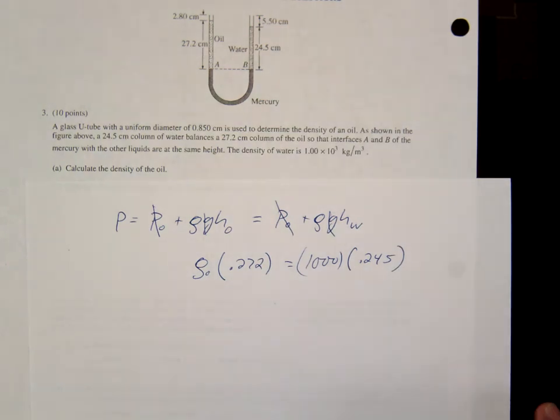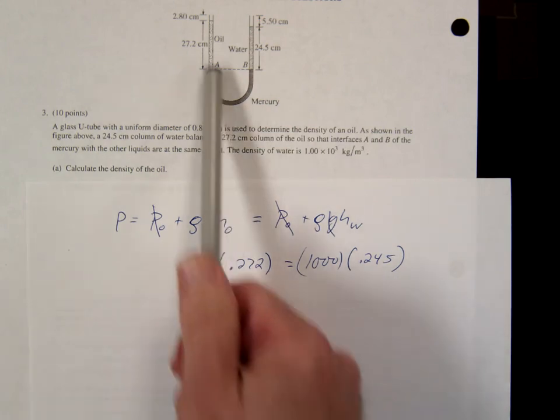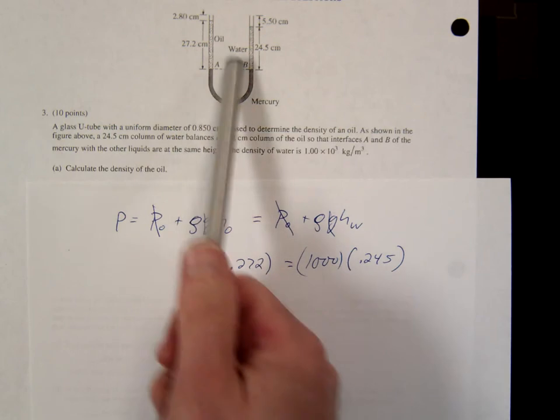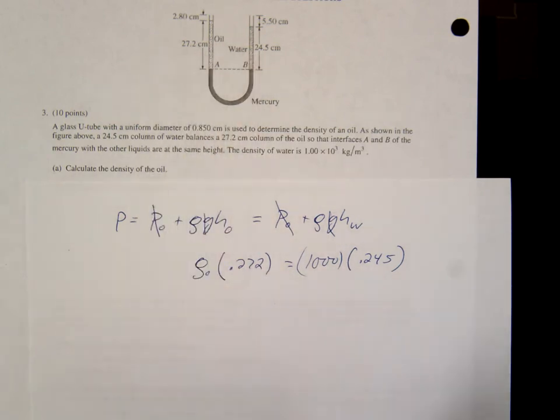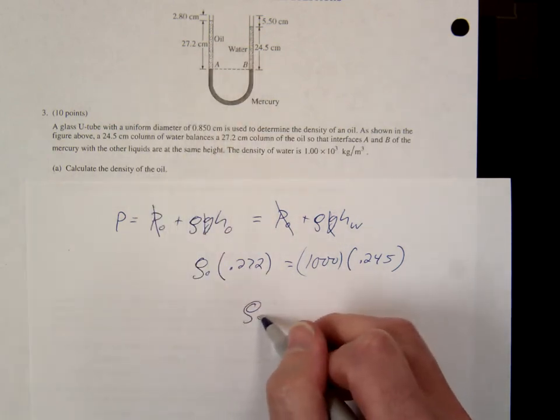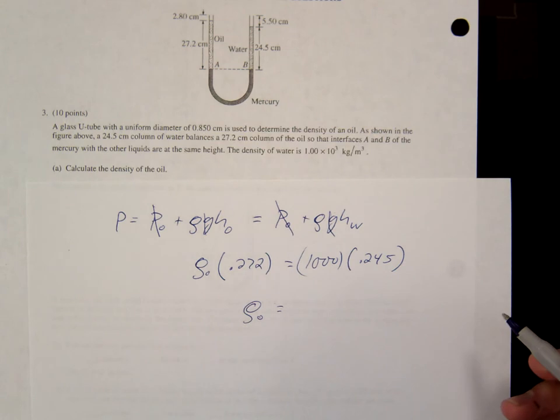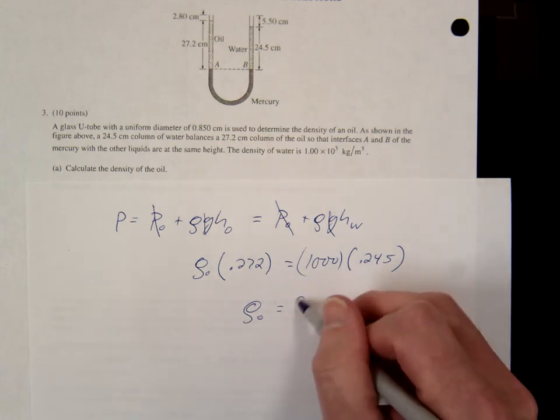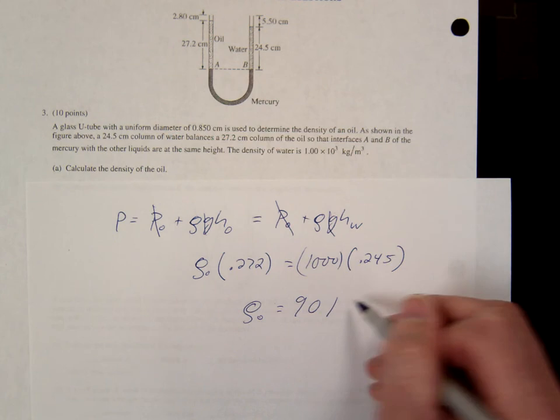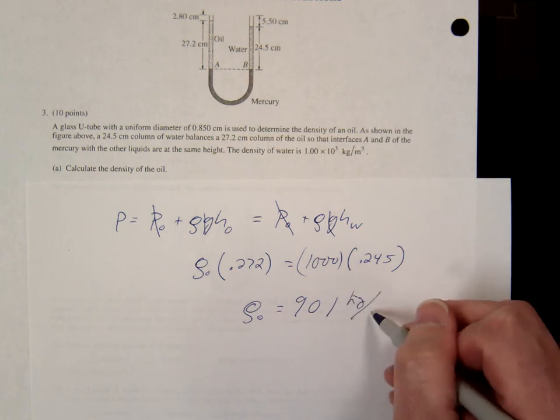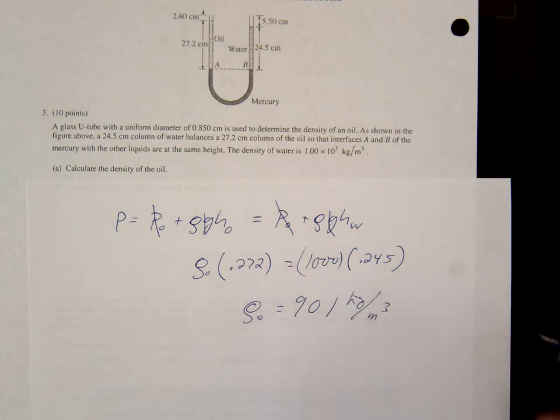You want them to be in balance with each other. Conceptually, because this is higher, what should be true about the density of the oil? Should be less, okay? And in fact, it is 901 kilograms per meter cubed, okay?